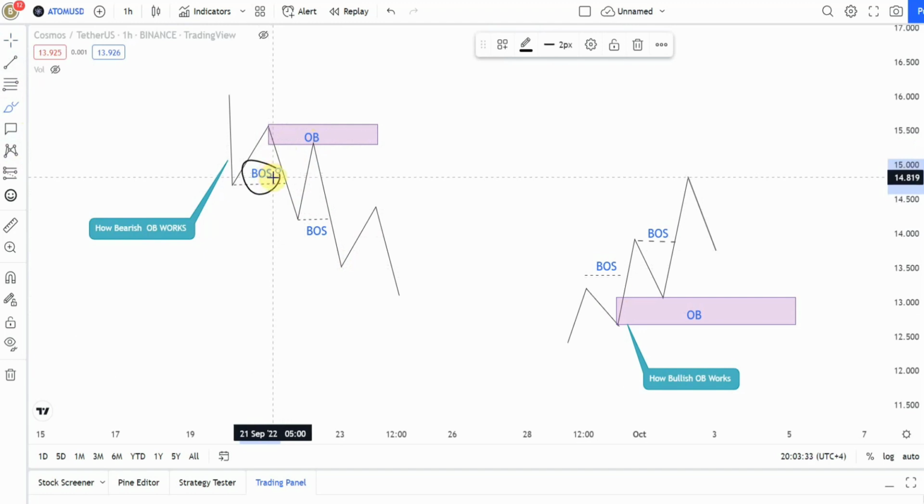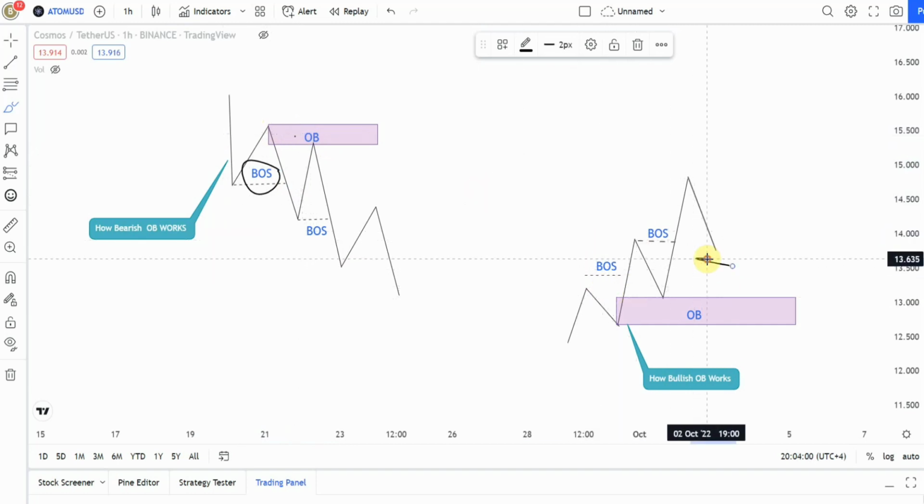After a break of structure, we expect the market to retest back to the order block, because these areas have institutional orders waiting to mitigate before the sell continues. So this is exactly what the SMC traders are looking for in the market.